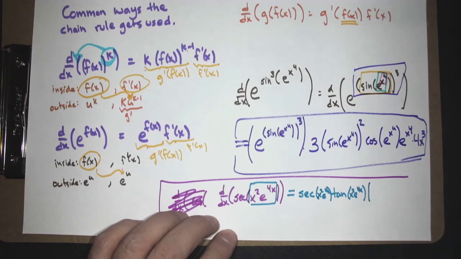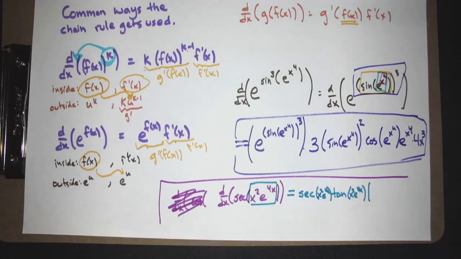So what's the derivative of x squared times e to the 4x? What's our rule? It's product rule. How do we know it's the product rule? Because it's a product, right? That was sort of the clue. If it's a product, you should use the product rule. Wow, that's why we came up with such great names for these rules.